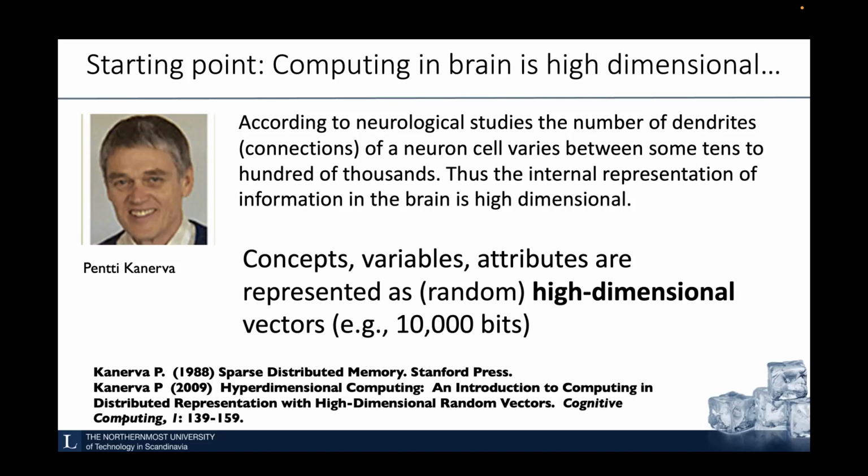So we will represent everything, like atomic concepts, data structures, variables, by randomly generated patterns of large dimensionality, say 10,000. He was thinking in binary patterns, so basically binary words of length 10,000, compared to say 64-bit long words in the computer.